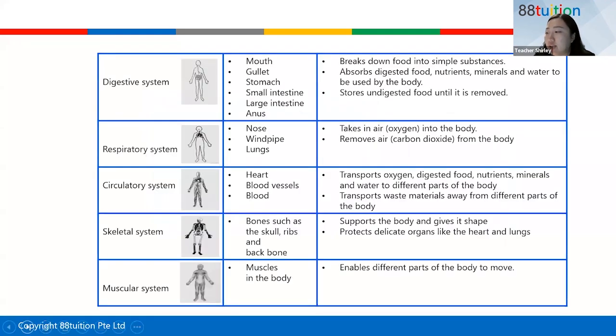So this table actually summarizes it. These are the organs again, and the one on the right-hand side would be the functions. For this topic, you mainly need to know the organs and the functions. That's all.